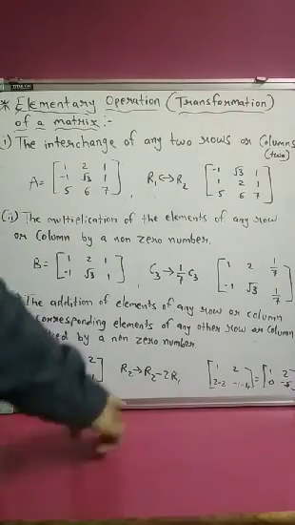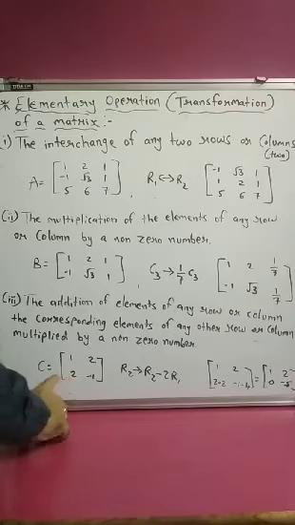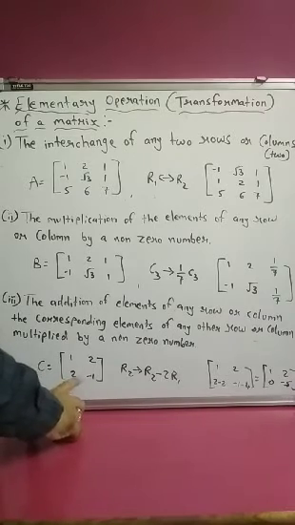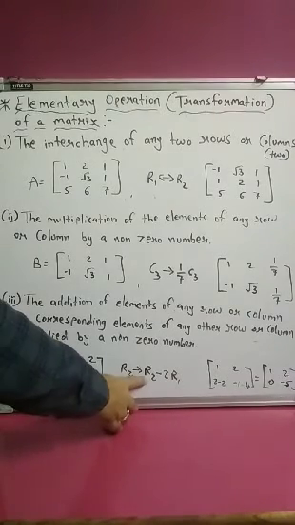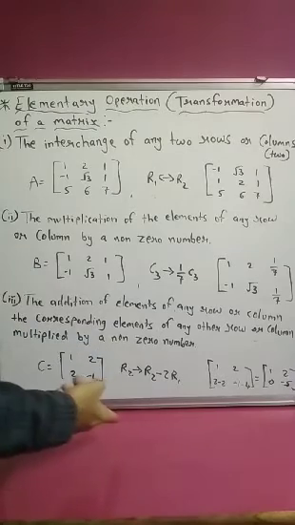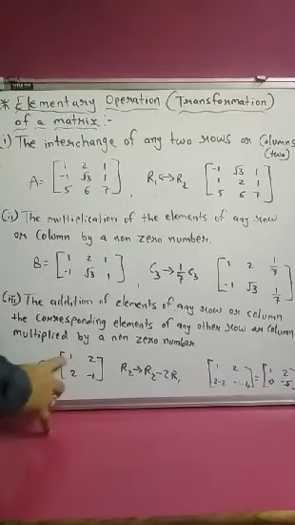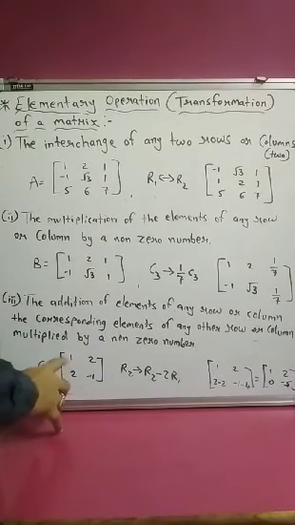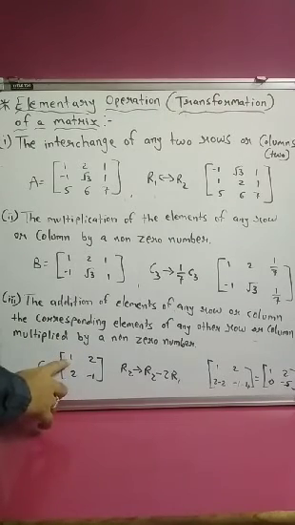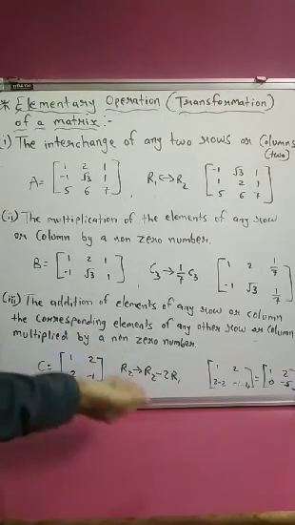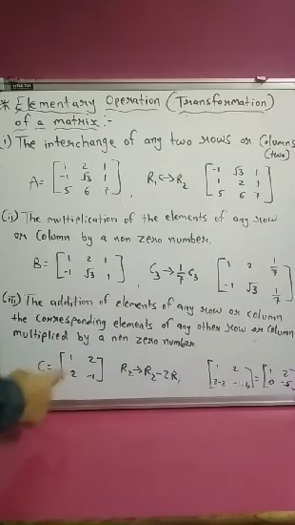So here what we have done is, the second row we have subtracted 2 times r1. So first we multiply all the elements of row 1 with 2 and then subtract from row 2. So here is your answer. I hope this much is clear.